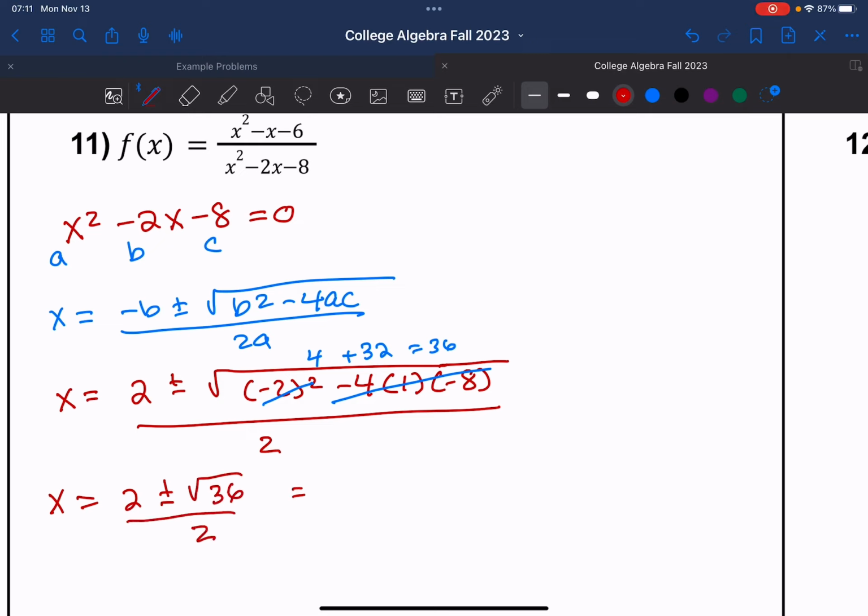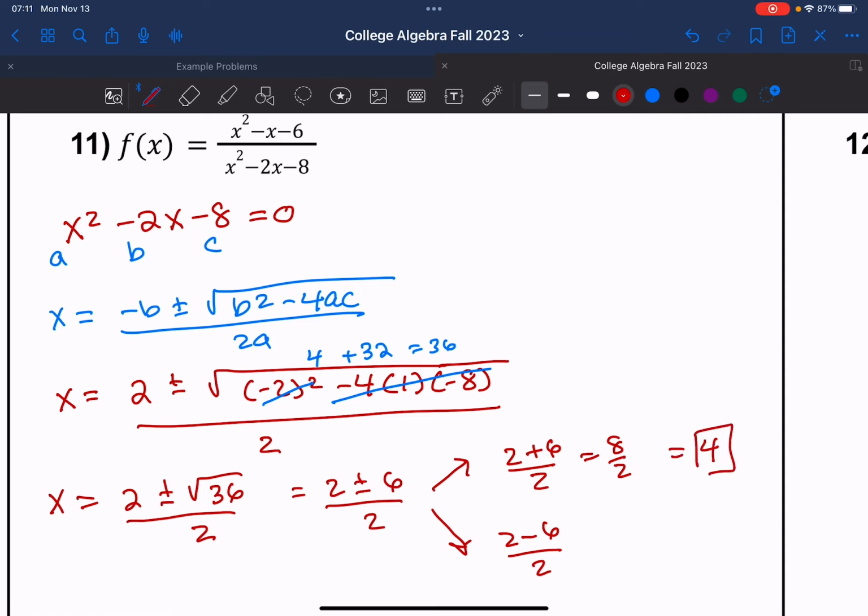We know that's a perfect square, so this is 2 plus or minus 6 divided by 2, which gives us 2 equations, one with that plus and one with that minus. So this gives us 2 plus 6 over 2 and 2 minus 6 over 2. The first one is 8 over 2, which is 4. And the next one is negative 4 over 2, which is negative 2.